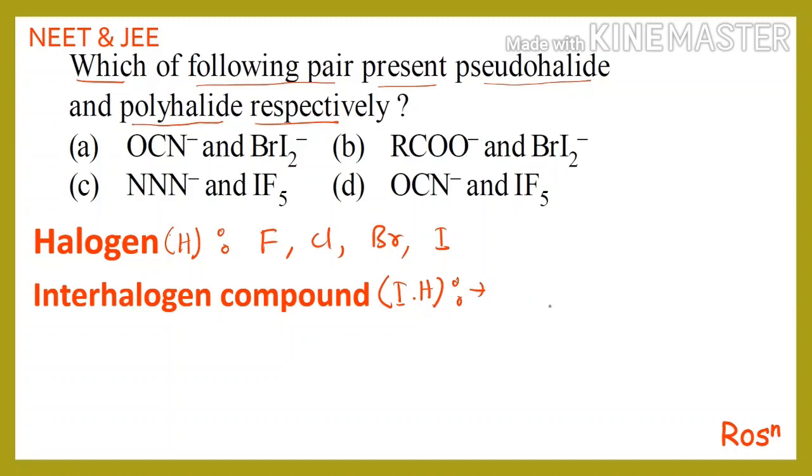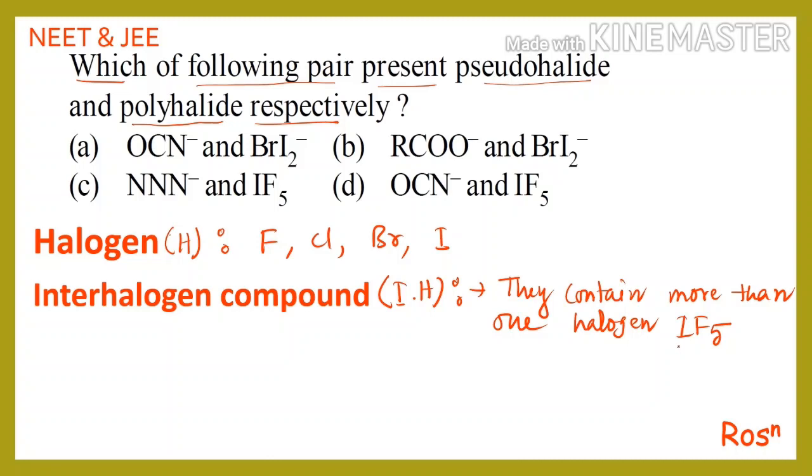They contain more than one halogen. Example, IF5. Here I and F, they are halogens. That means IF5 is an interhalogen compound.